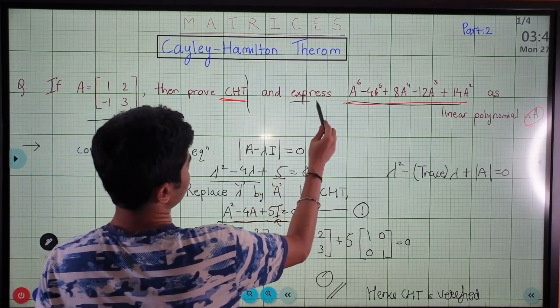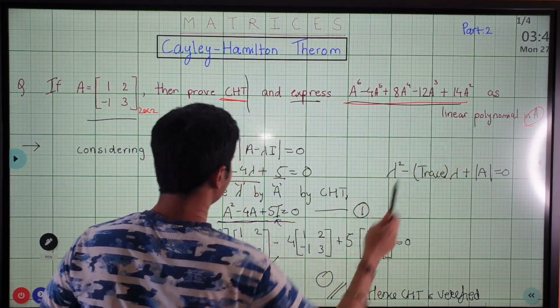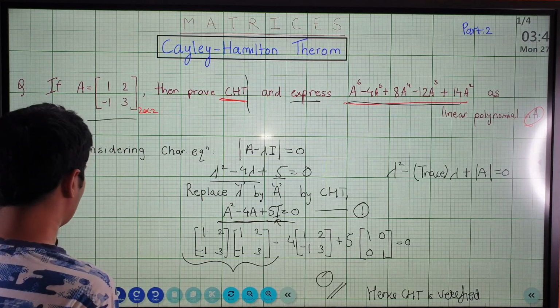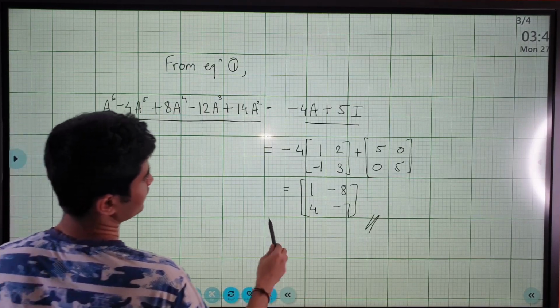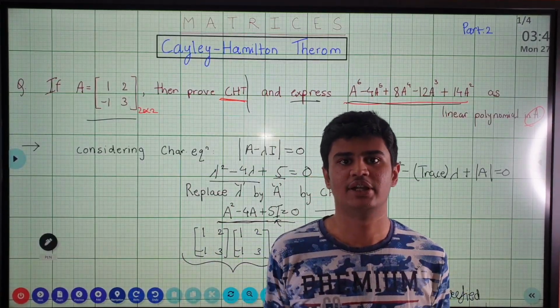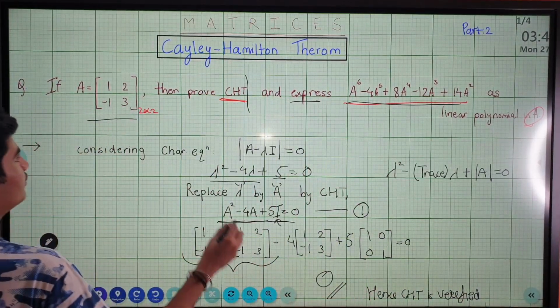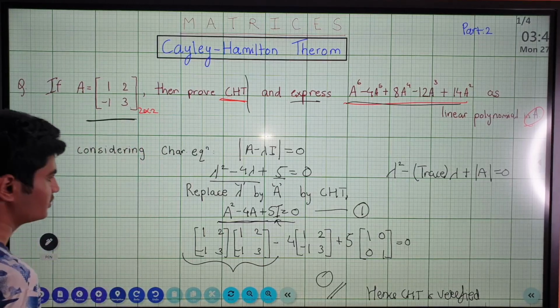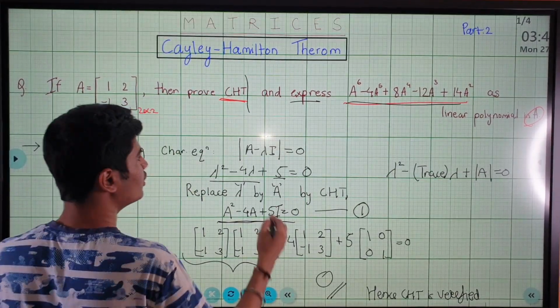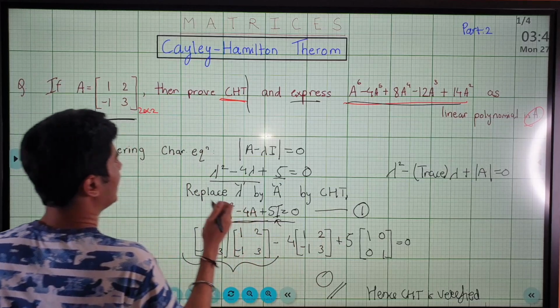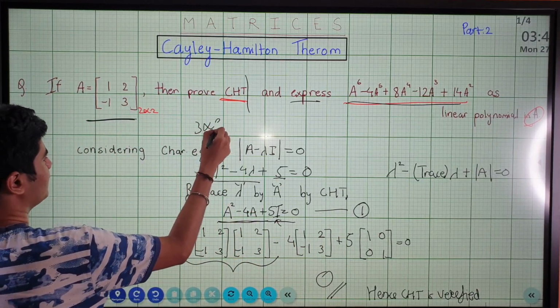So we have expressed this bigger polynomial as a linear polynomial in A and we have got the solution. That was the second sum of the Cayley-Hamilton theorem. In this question, we only looked at the 2 by 2 matrix. In the exam, they can also ask you to prove CHT and express this, and they can also give a 3 by 3 matrix.